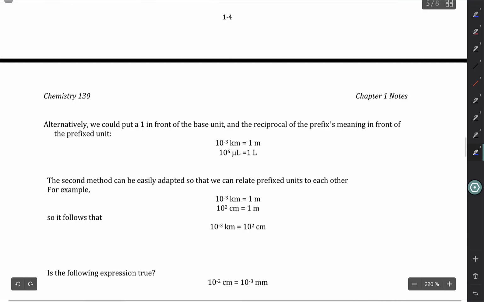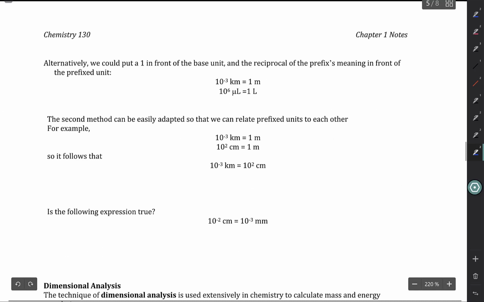All right, so let's go ahead and write that out to make sure that it's essentially clear here. So what I just said a second ago, 10 to the minus 3 kilometers. Well, we can substitute in positive 3 there.